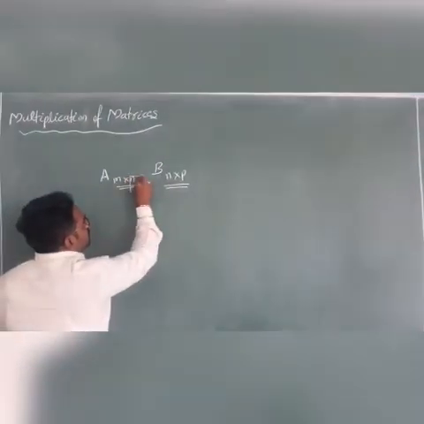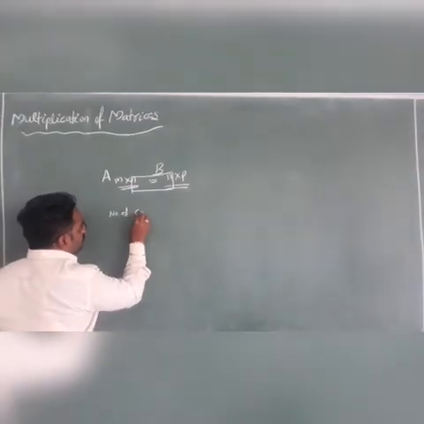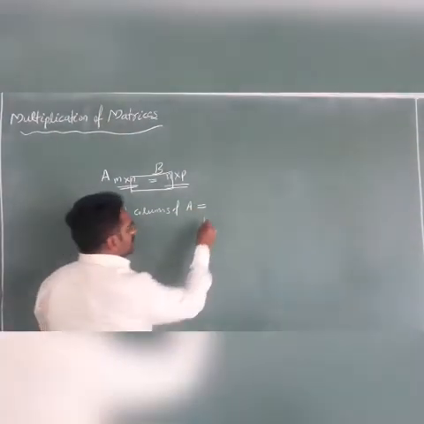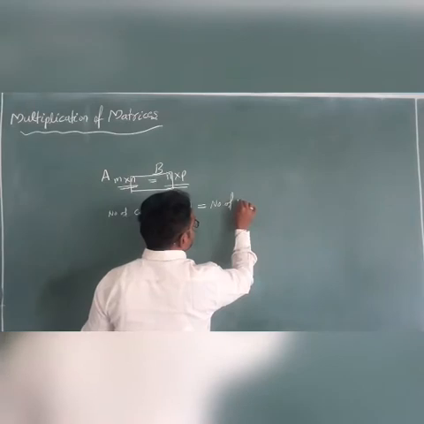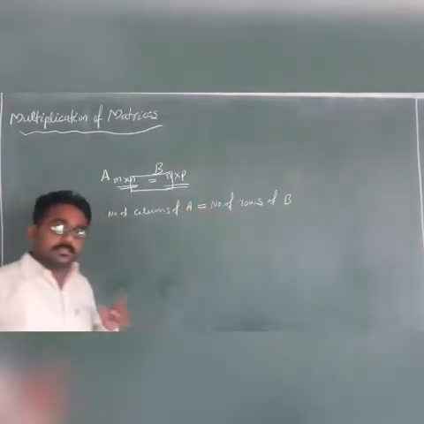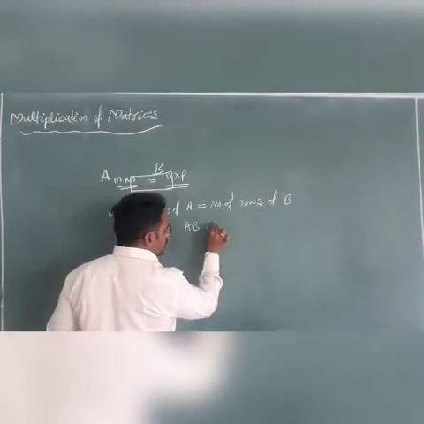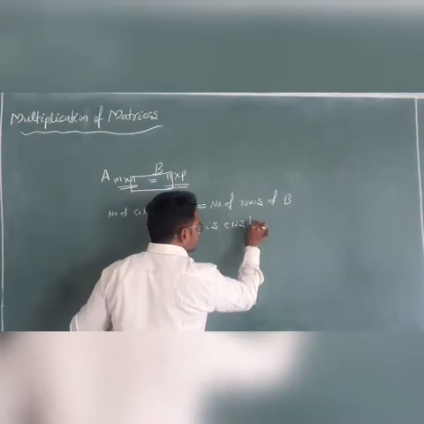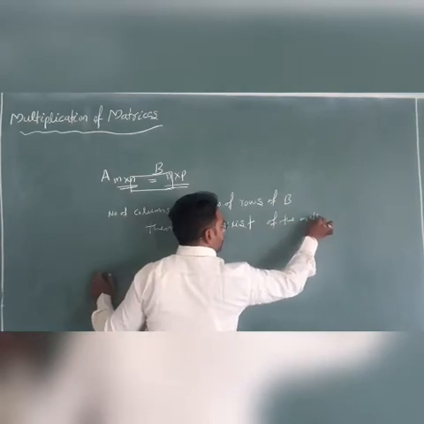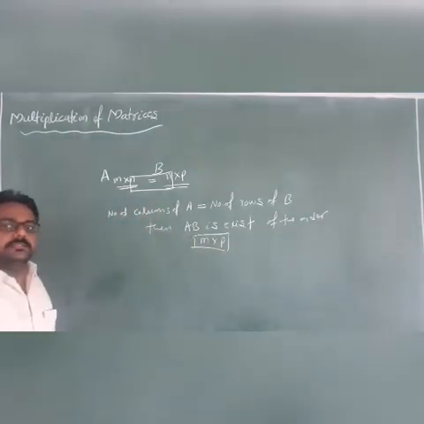So these must be equal, that is, the number of columns of matrix A must be equal to the number of rows of B. Then the product AB exists, of the order m by p or m cross p.